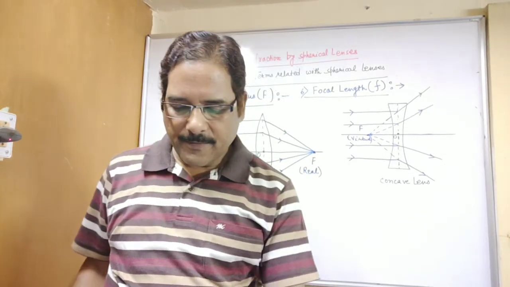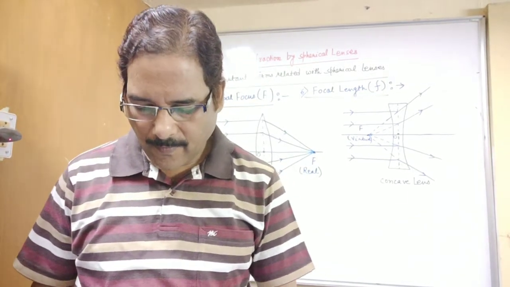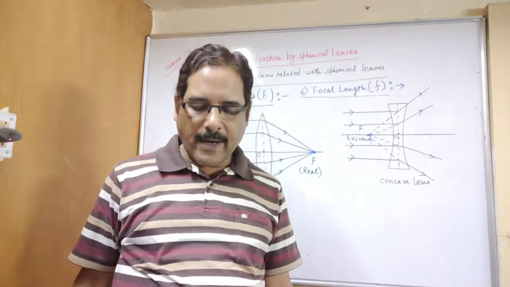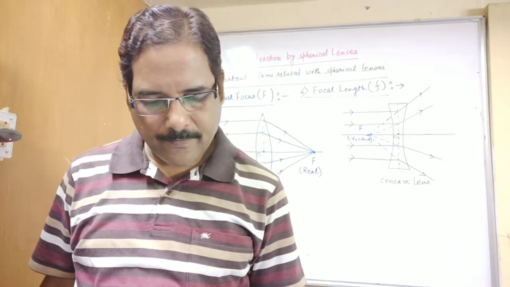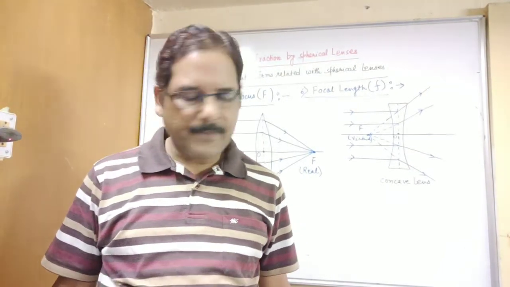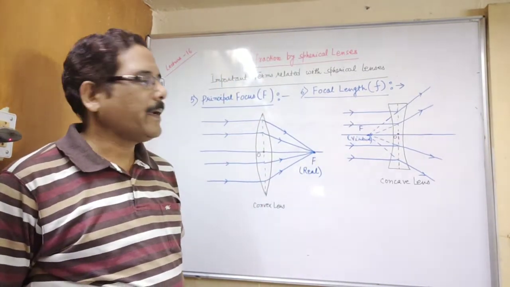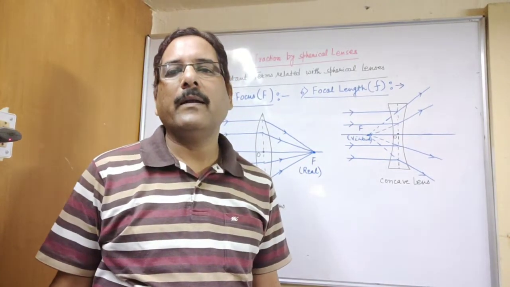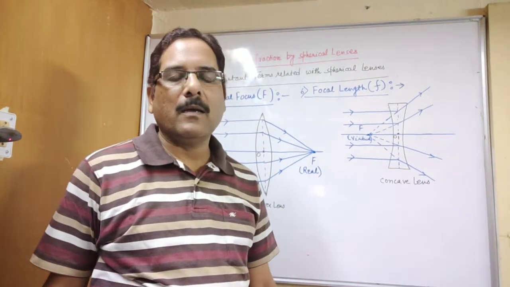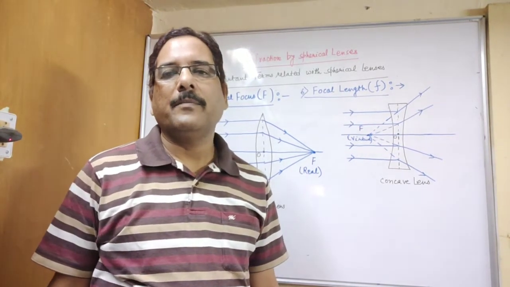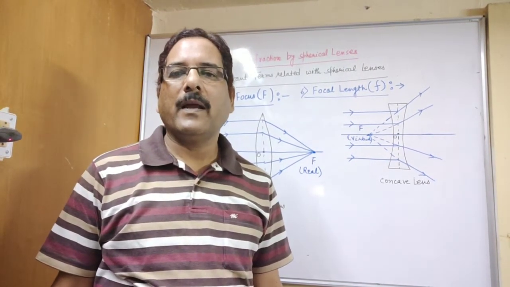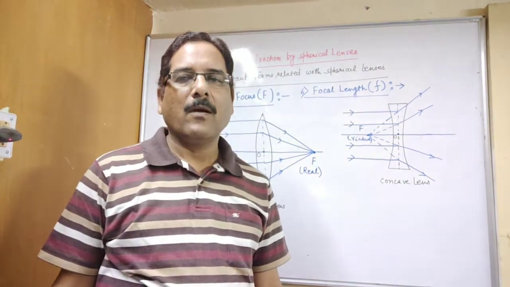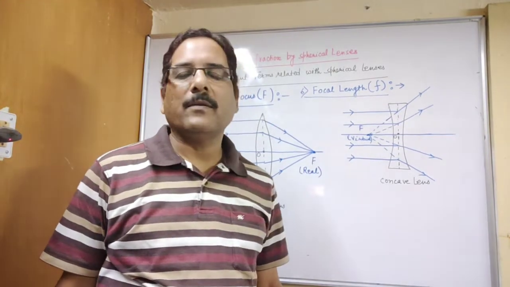So write it. The straight line distance between the optical center and principal focus of a spherical lens is called the focal length of the lens.